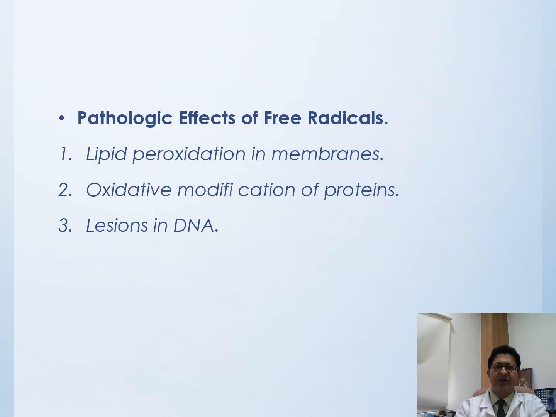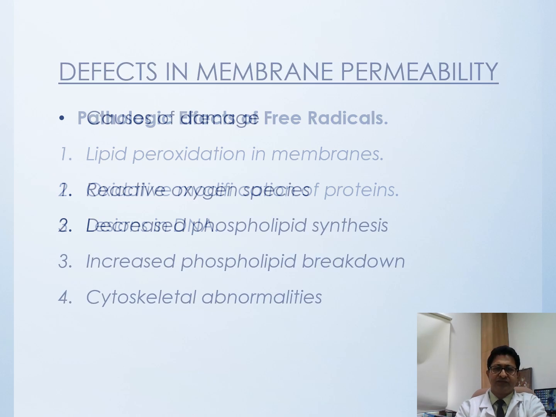Now, what could be the pathologic effects of the free radicals? Among the three, the first one would be lipid peroxidation in the membranes, then oxidative modification of the proteins, and lesions in the DNA.